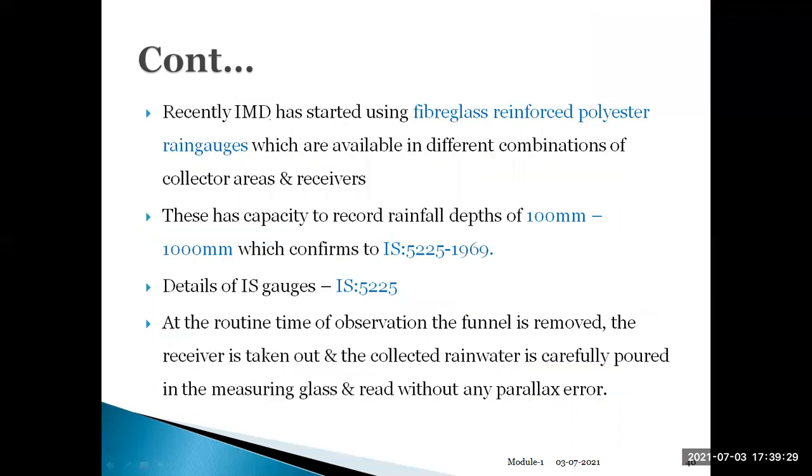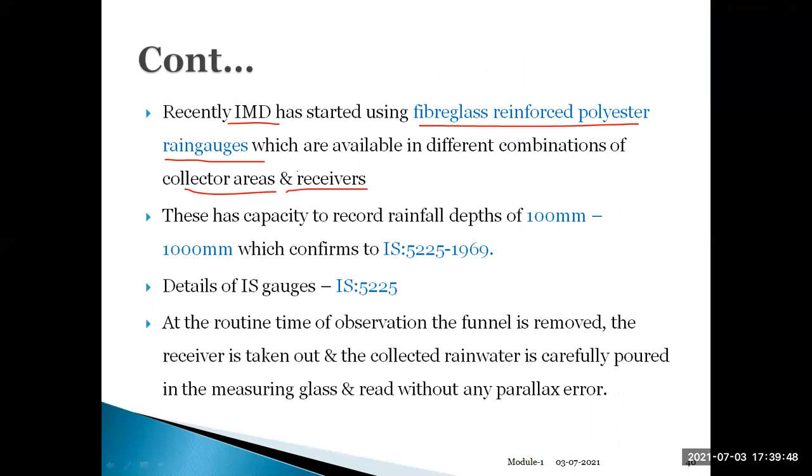And also in IMD, the Indian Meteorological Department, recently they have started using fiberglass reinforced polyester rain gauges, which are available in different combinations, with different receiver capacities and different collector areas.